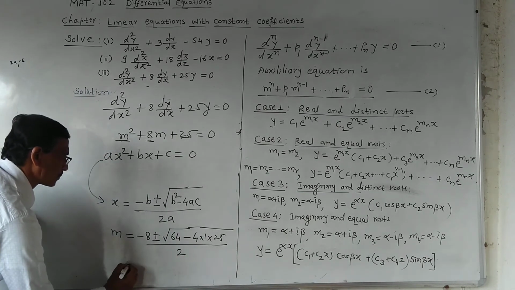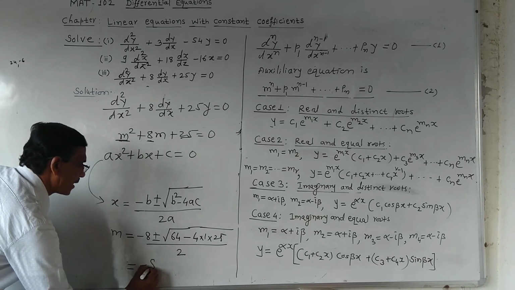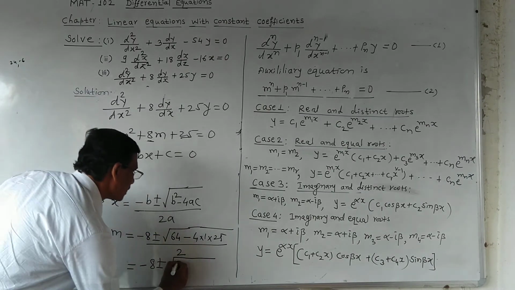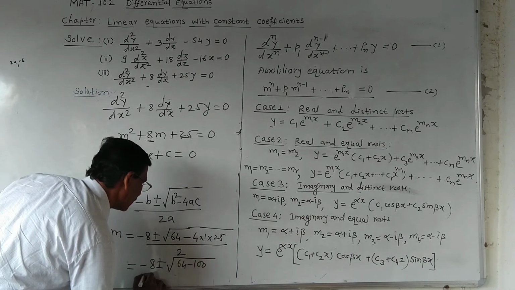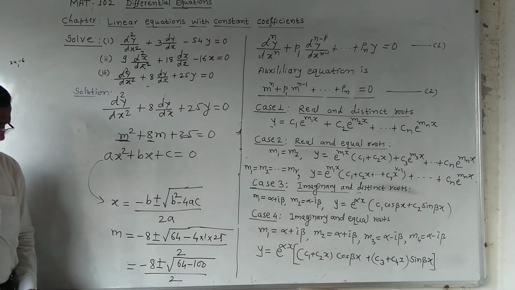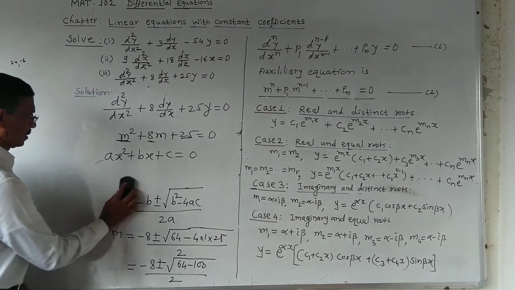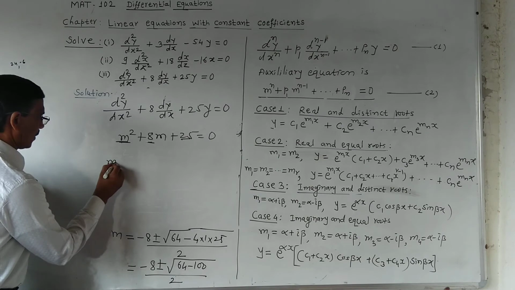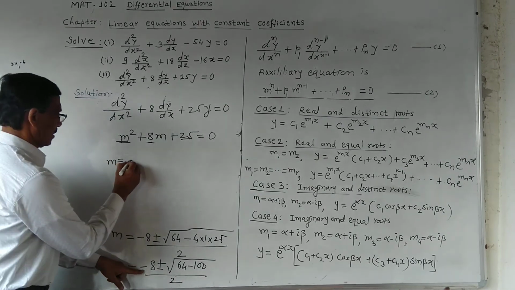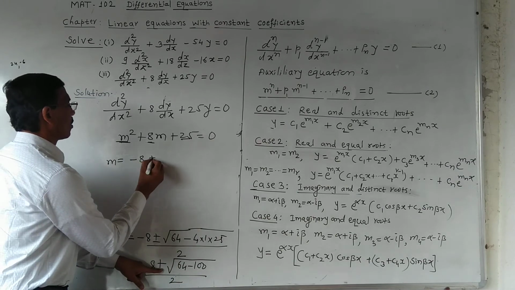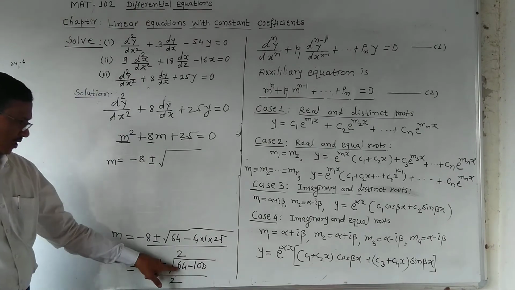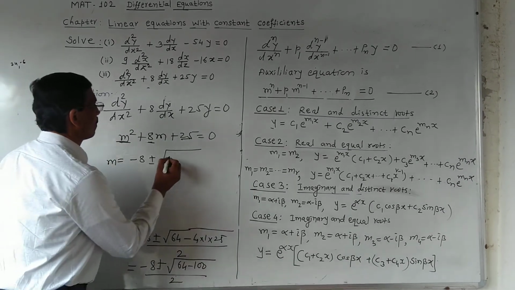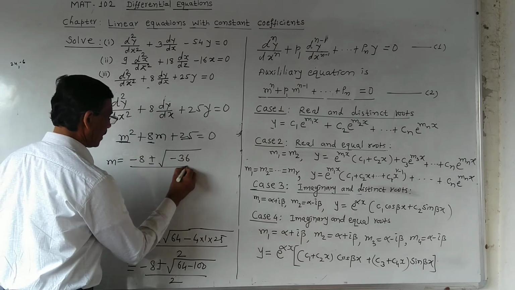It becomes minus 8 plus or minus square root of 64 minus 100 divided by 2, and therefore m equal to minus 8 plus or minus square root of 64 minus 100, it is minus 36, divided by 2.